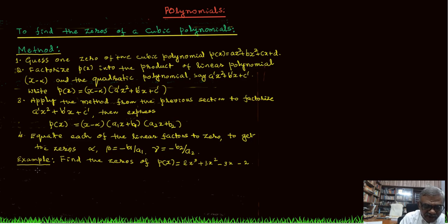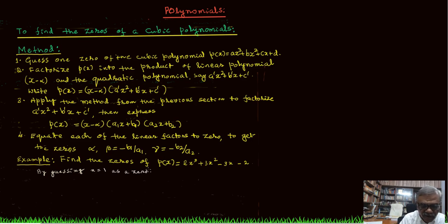Now by guessing, x = 1 as a zero of the polynomial.